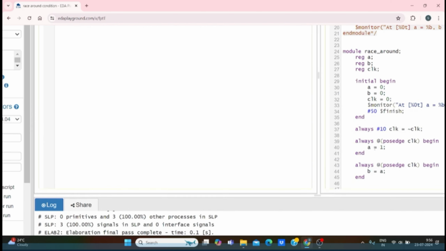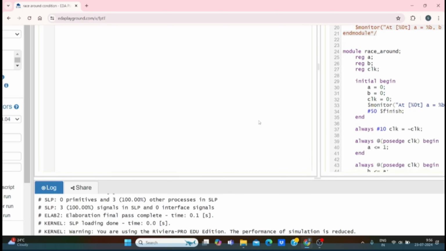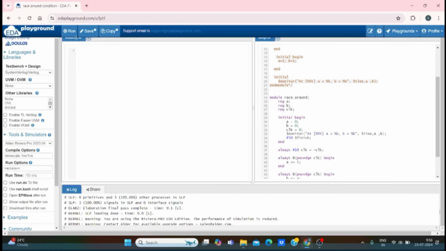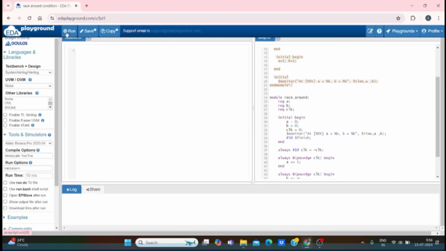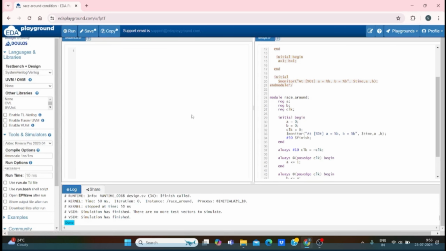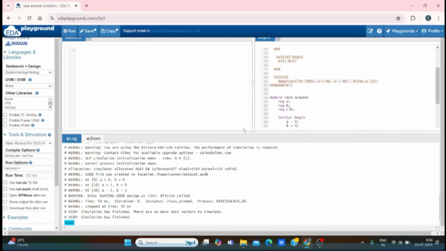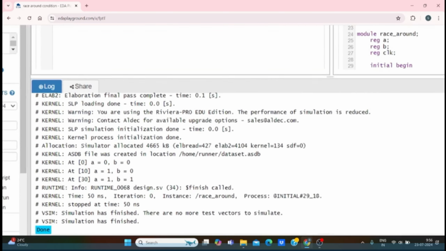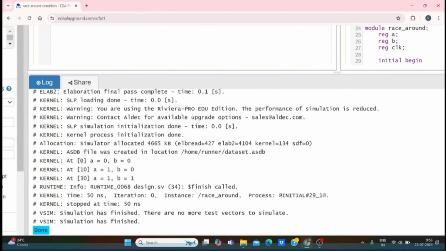Okay, now let us do one thing. If you are taking the non-blocking assignments, now what happens? That means when you are using the non-blocking assignments, you are telling the simulator the way to choose the always blocks. Like you have to choose this and then you have to choose this. So now if I run this code and see the output at 0, obviously initial values are 0, 0.